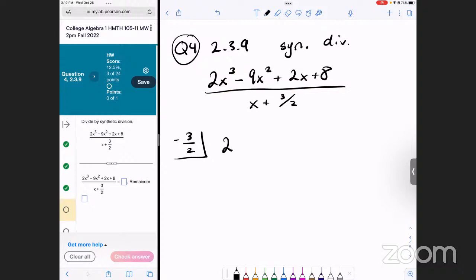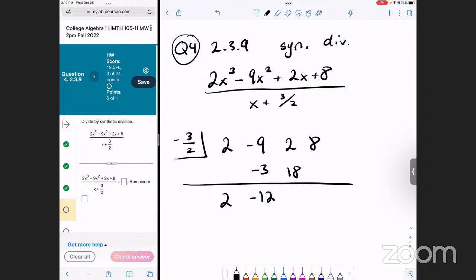We take our coefficients of 2, -9, 2, and 8. The 2 comes down. When we multiply, we get negative 3. We add, what is that? -12. 6 times 3 is 18. So 20. 10 times 3 is a -30.